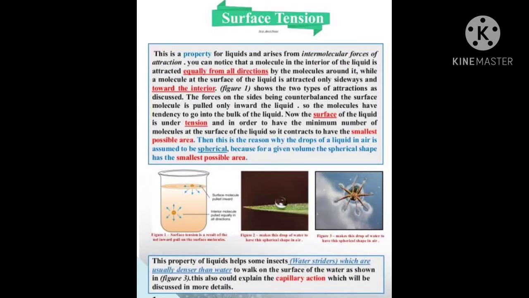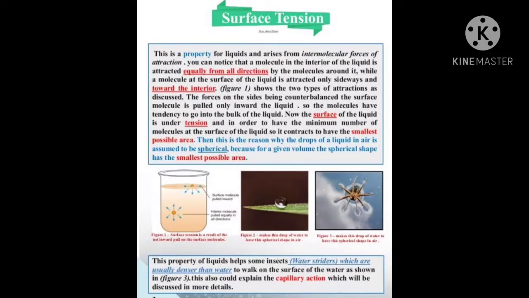So this type of force that acts perpendicular to the direction, or we can say the force act per unit length, or we can also say that energy per unit area, is known as surface tension.